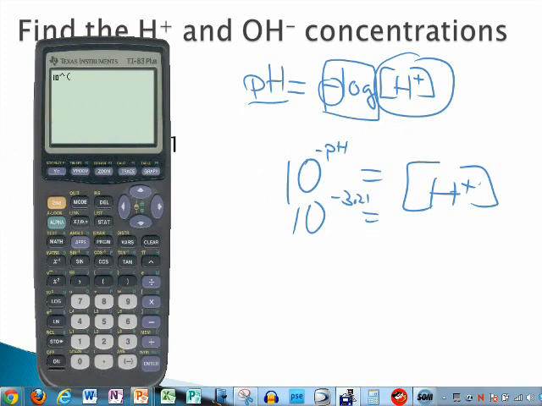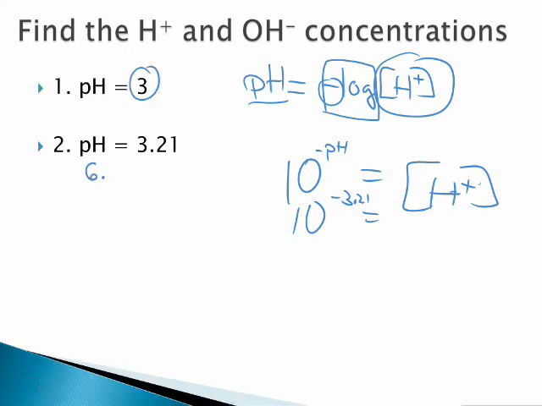Second function here, minus 3.21. And we get a concentration of 6.17 times 10 to the minus 4. That is the concentration of hydrogen ions.